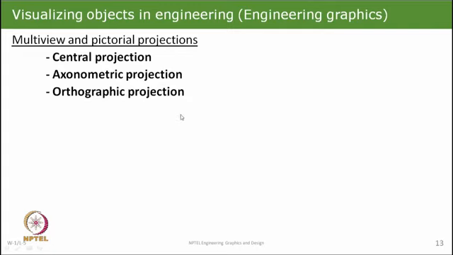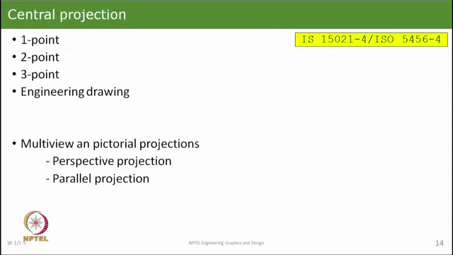So, let us very quickly go through what these three things tell us, so that you get an idea as to what the big picture is in making drawings, and which subset of these we will be making in the course. The first one is central projection, and here we have 1 point projection, 2 point projection and 3 point projection.